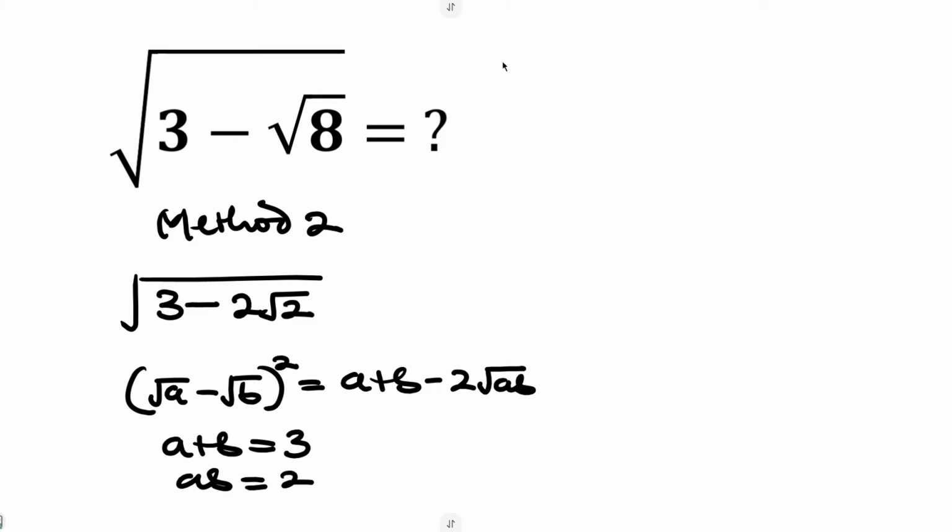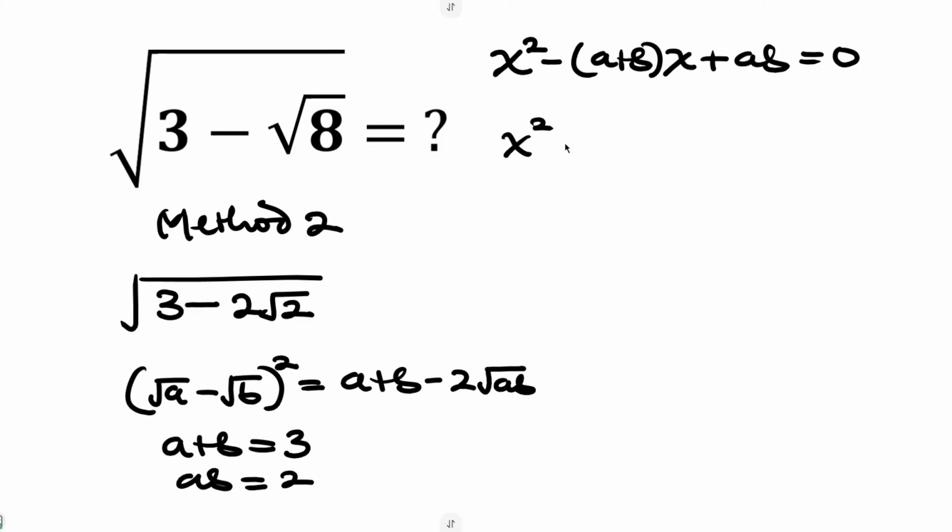So let's assume that a and b are roots of this quadratic equation, which is x squared minus sum of roots, a plus b, times x, plus product of roots, ab, equal to 0. Now substituting, we have x squared minus 3 times x plus 2, equal to 0.